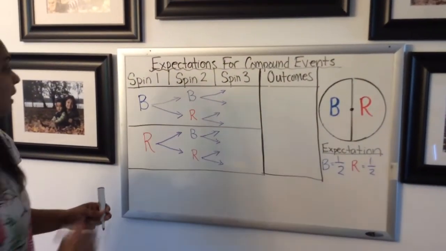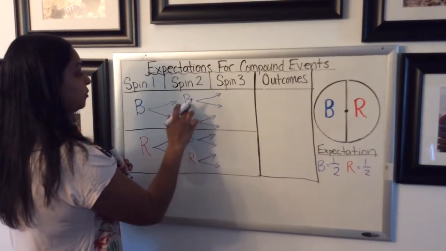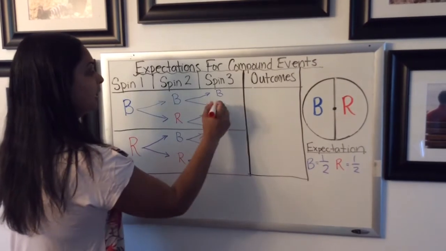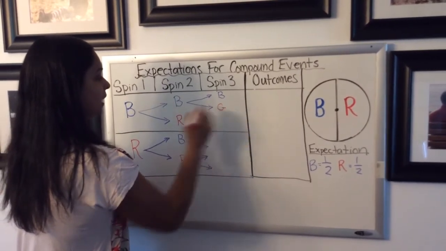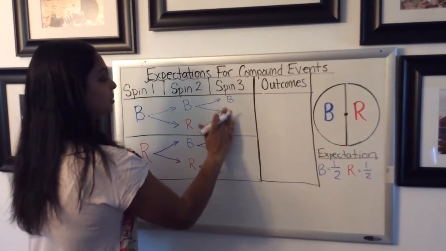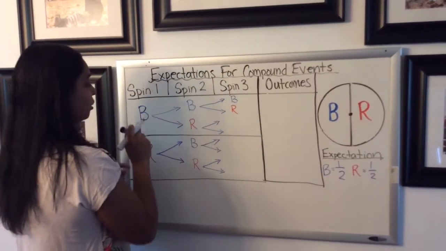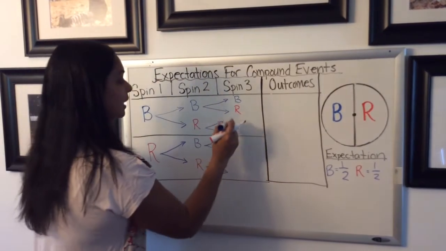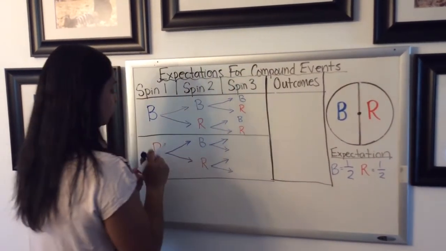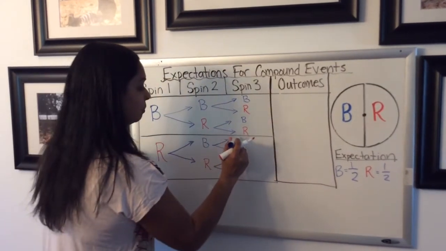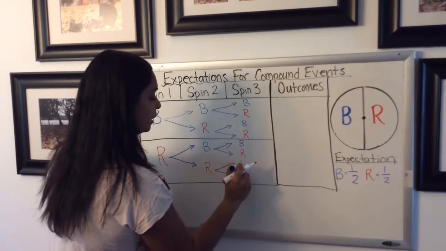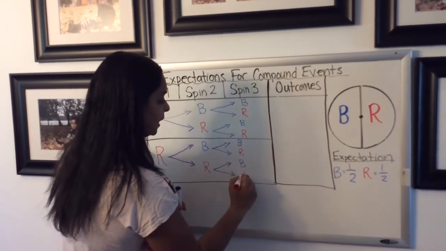Okay, so I could land on blue first, blue second, and then blue third, again blue or red. Or I could go blue, red, and then blue or red. I could go red, then blue or red here, and then red, red, and then blue or red here.